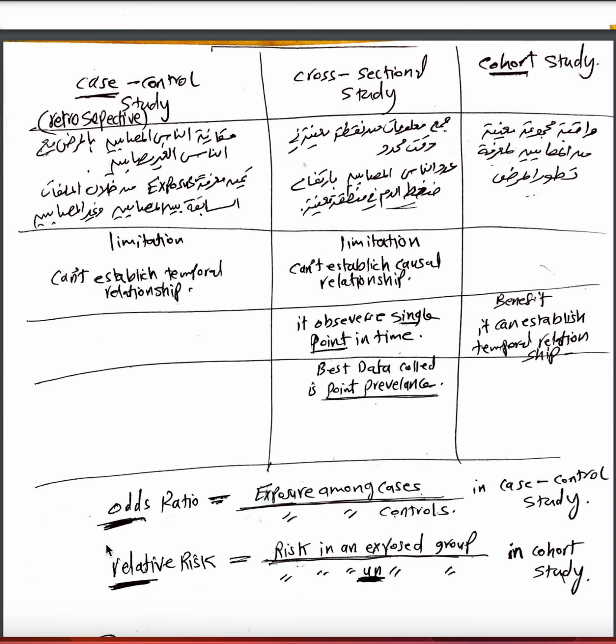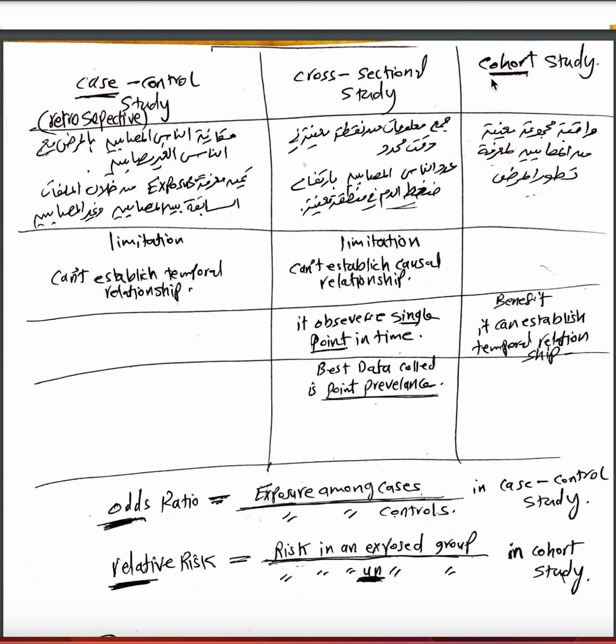So we know something called relative risk, which equals the risk in the exposed group divided by the risk in the unexposed group. So we use it in cohort studies. An important thing is the difference between a cohort study and a cross-sectional study.